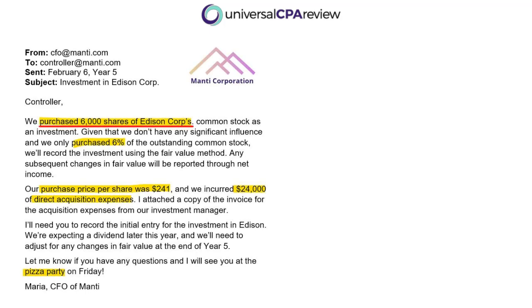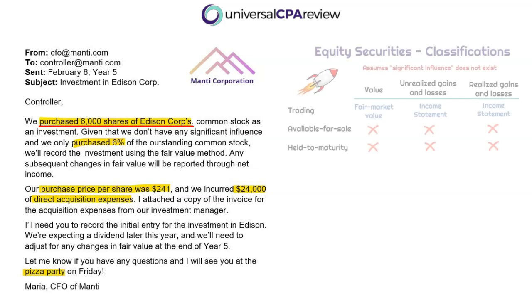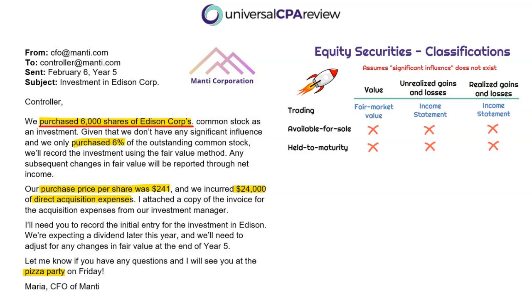We purchased 6,000 shares of Edison Corp's common stock as an investment. They don't have any significant influence, and with 6% ownership, they're going to use the fair value method. Any subsequent changes in fair value will be reported through net income. As we should recall, if it's an equity security, all unrealized gains and losses as well as realized gains and losses are recorded in net income in the period.